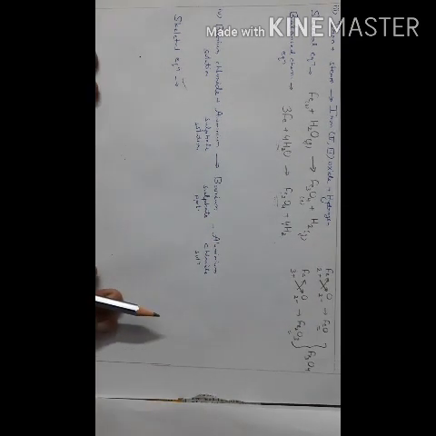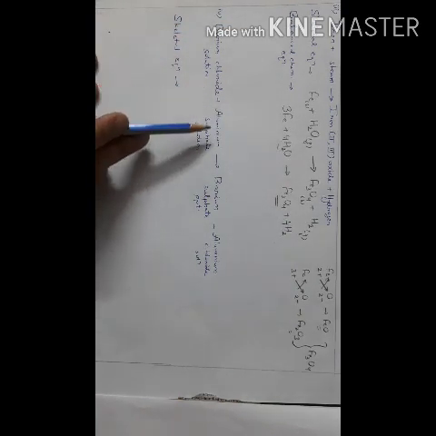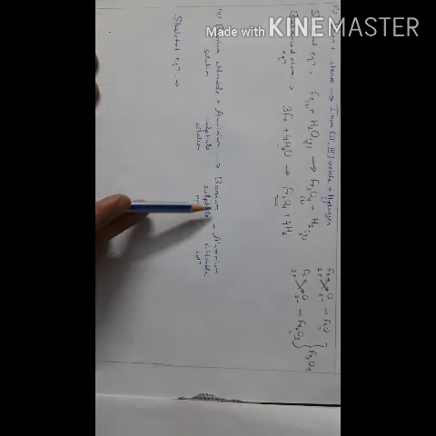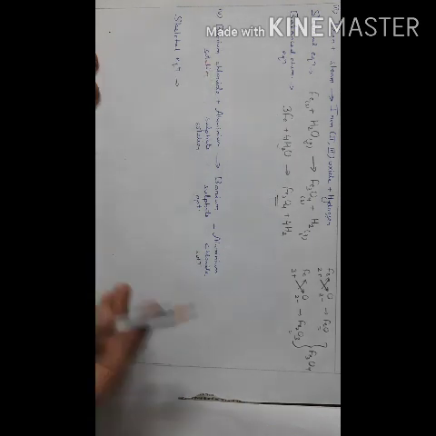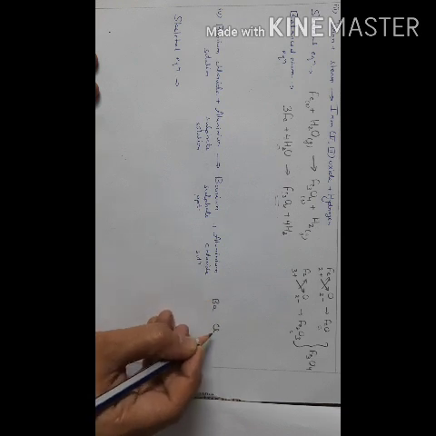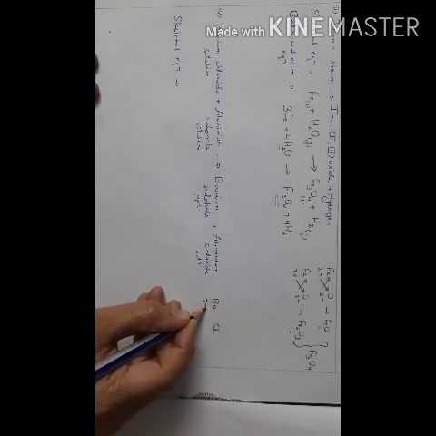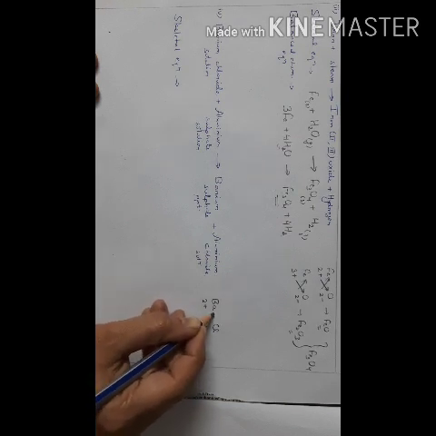I am going to take the next example of balancing of equation, that is barium chloride plus aluminium sulfate gives barium sulfate plus aluminium chloride. Barium chloride: barium has the symbol Ba, chloride ion Cl. The barium ion has the charge 2 plus, chloride ion 1 minus.